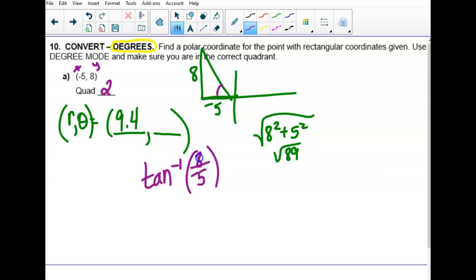I made sure I asked this in degrees because it just doesn't make a lot of sense to us in radians. I got negative 58 degrees. Okay. Is that in the right quadrant? So we need to add 180. And we get 122. Okay, you don't need multiple answers, you just need one.